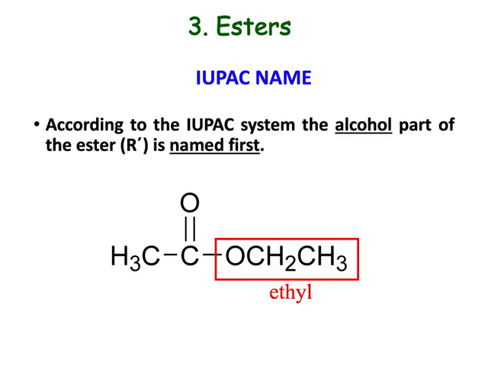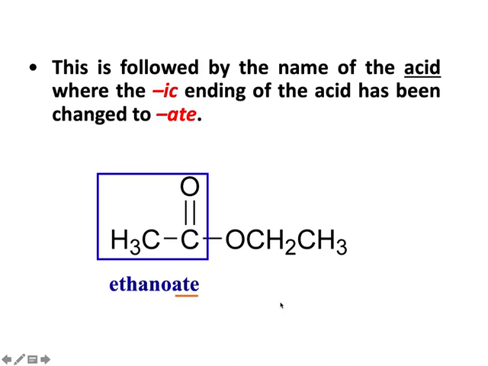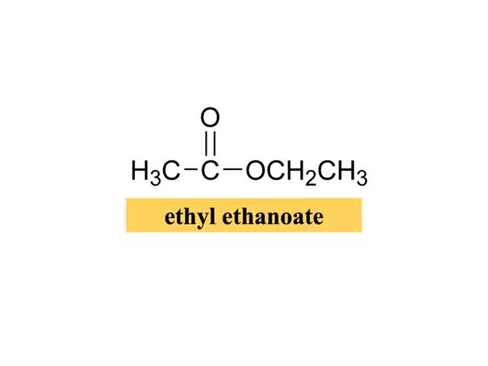Okay, third is ester. According to the IUPAC system, the alcohol part of the ester is named first. For example here, this one is an acyl group bonded with OR, so the name becomes ethyl ethanoate.